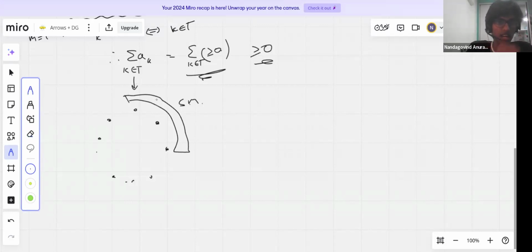If the starting point of each of these segments is negative, what can you tell? Say this is a1 and a1 is less than or equal to 0, but 1 belongs to T. Does 2 belong to T?